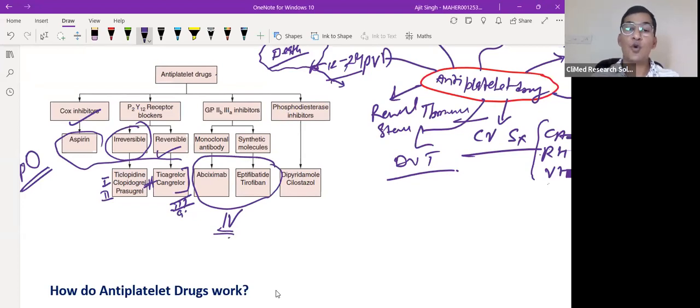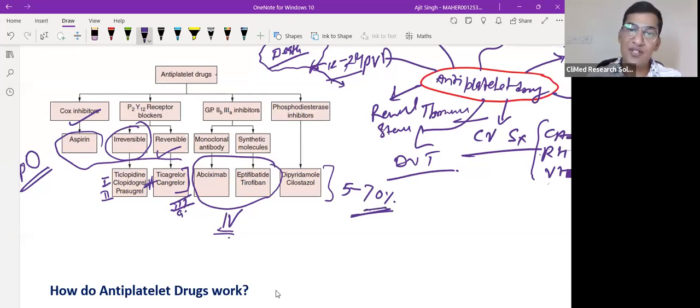And fourth is phosphodiesterase inhibitors, that is dipyridamole and cilostazol. Cilostazol and dipyridamole are not being used much. These are ancient drugs, and they contribute only 5 to 7% in platelet aggregation.